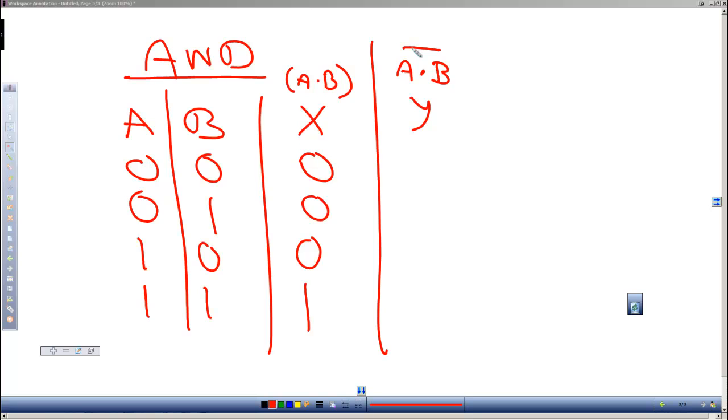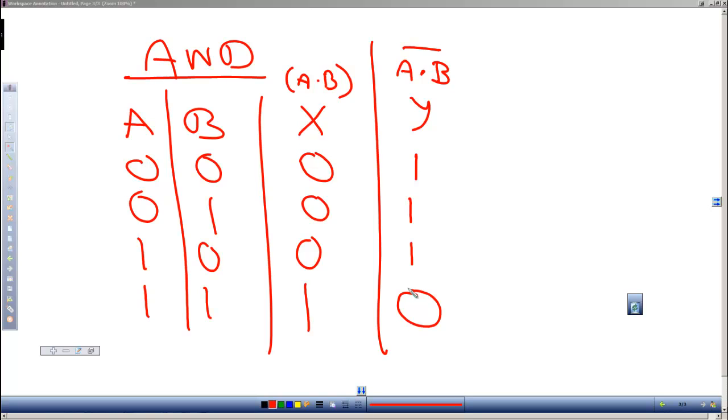Well, what we would have is just the opposite. So anytime A and B was a 0, A and B NOTed would be a 1. And when A and B was a 1, A and B NOTed would give us a 0.